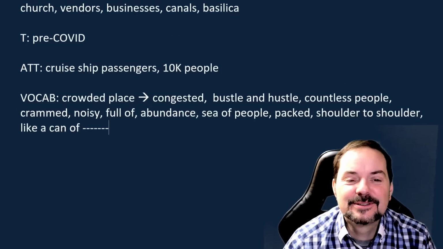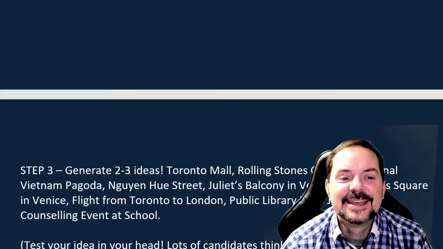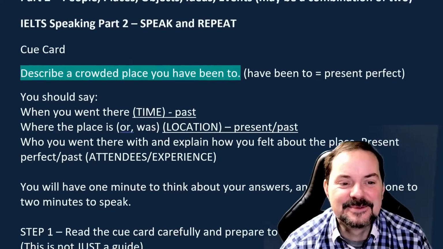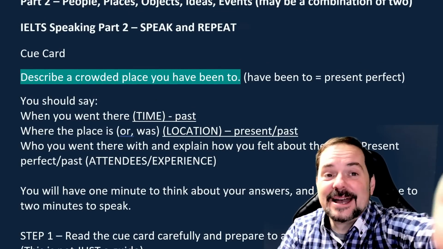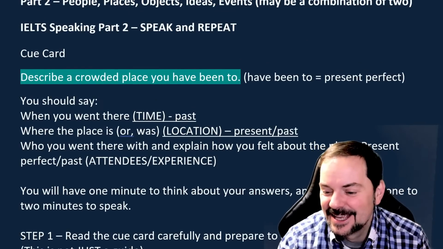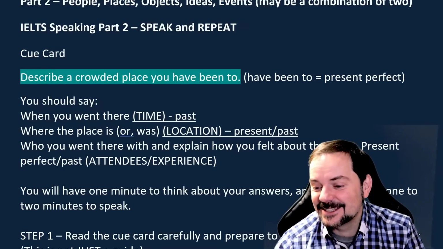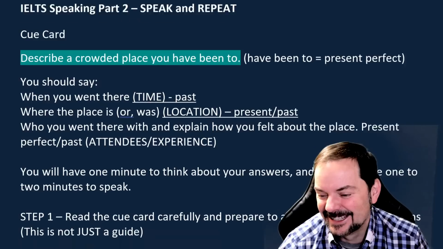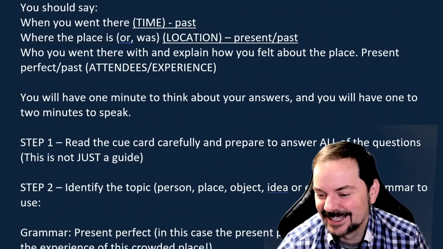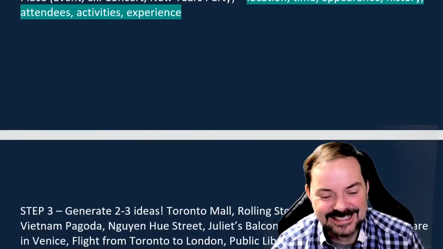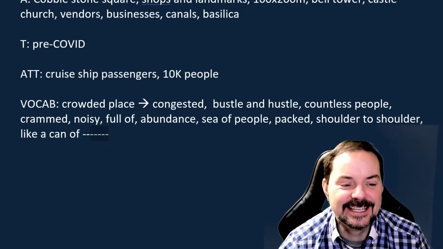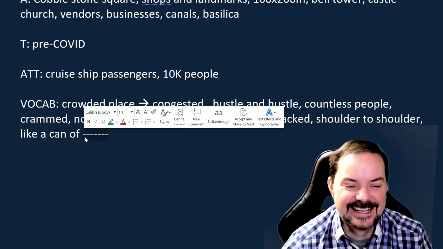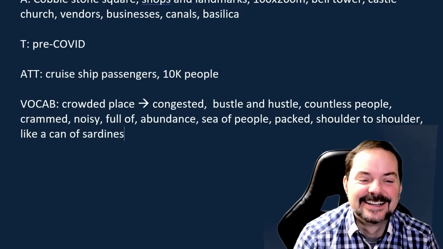Okay, and for those of you who are joining in right now, again, while you're thinking about that word, the topic here is describe a crowded place you have been to. And we're going to work on this. Very good, Romelia. Yes, it is. It's sardines. Ghazi says it's sardines. Yes, like a can of sardines. Exactly. All right.